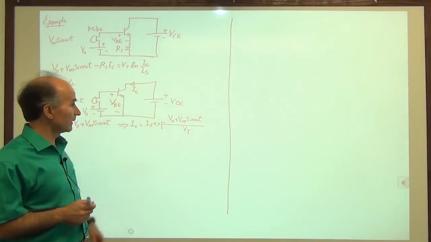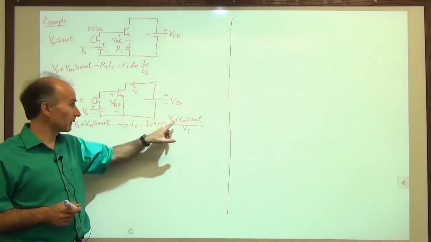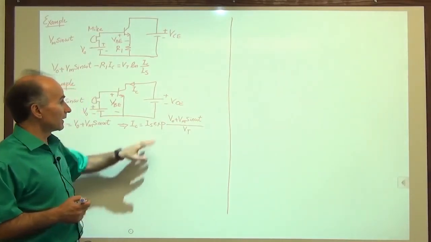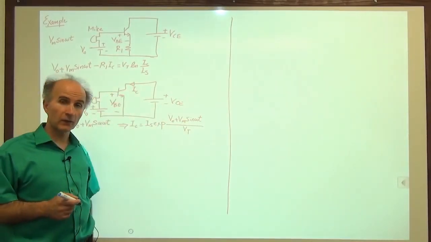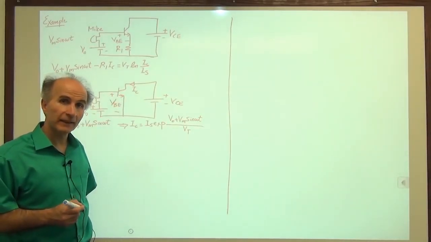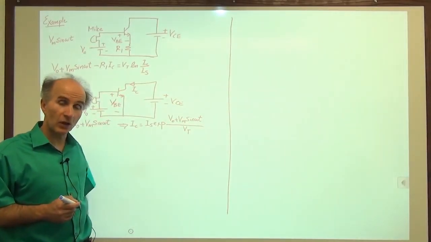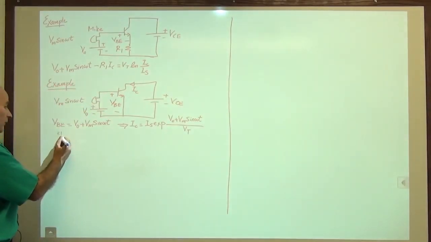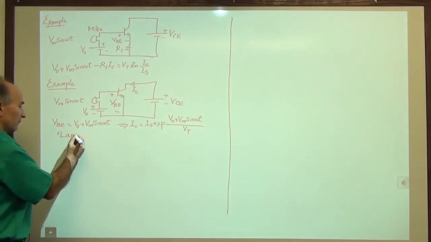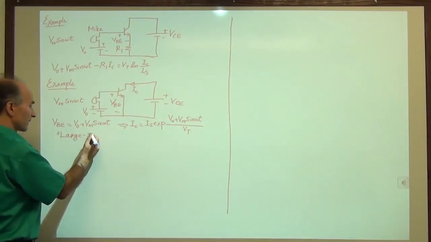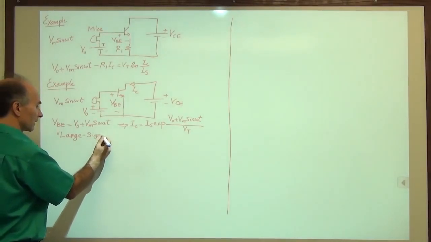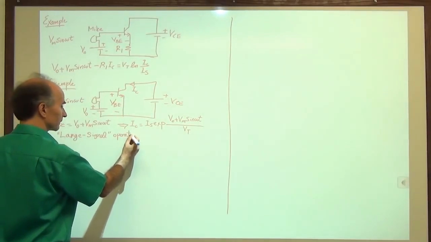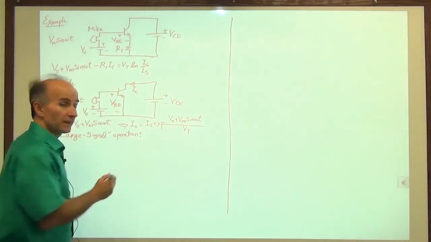Now, if that's the case, in the general case, if Vm is any value that you want to choose, we say this circuit works under large signal conditions. We'll call this large signal operation. So this is an interesting and yet confusing term. Large signal operation means the following.